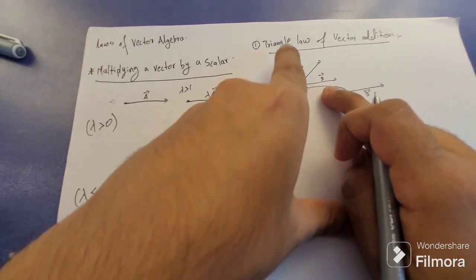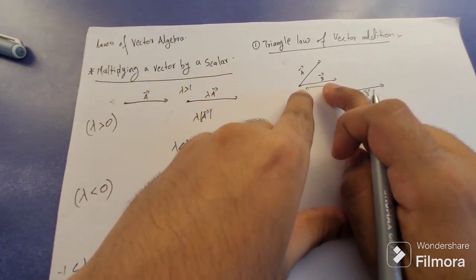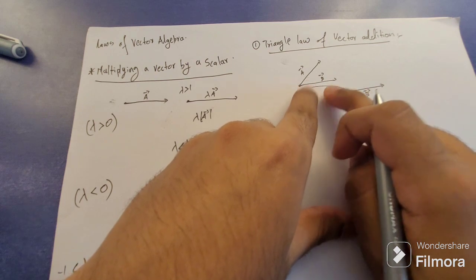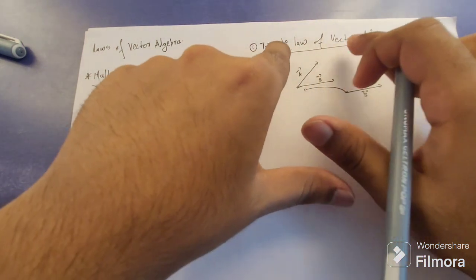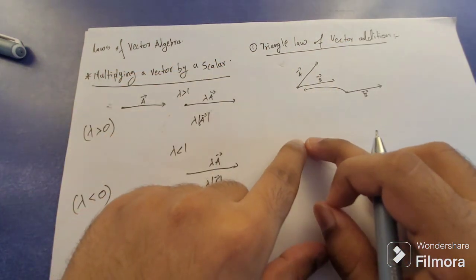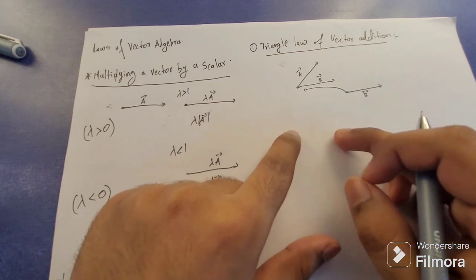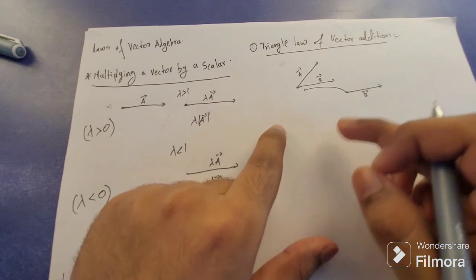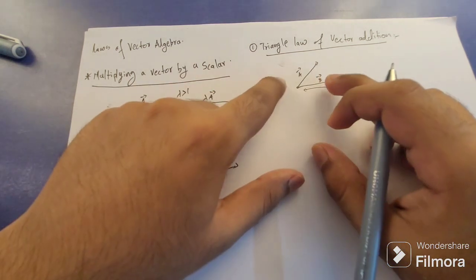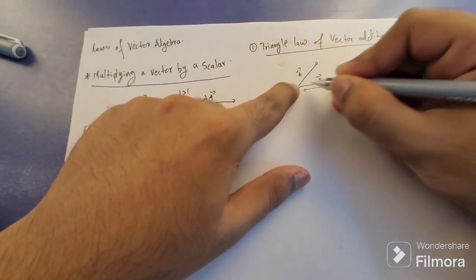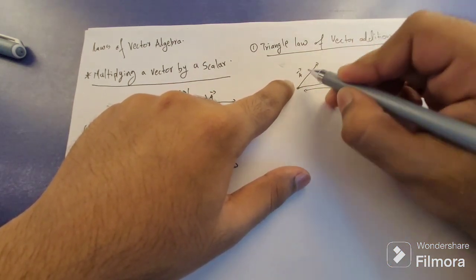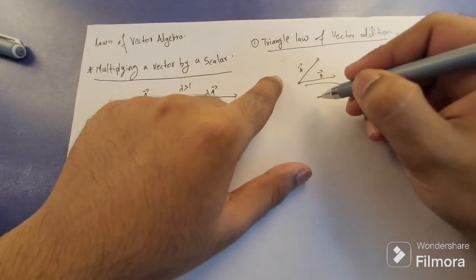But in order to apply the triangle of vector addition, I'll need to parallel shift them again, because I need the vectors in such a fashion that the head of one vector is connected to the tail of another vector. So let us say I parallel shift vector B again along the length of vector A so that I arrive at this new position.